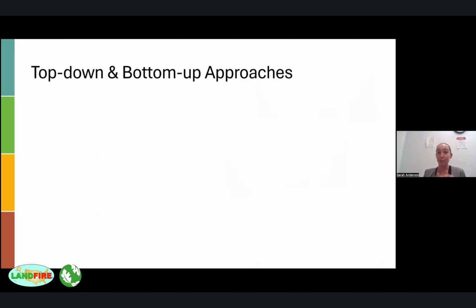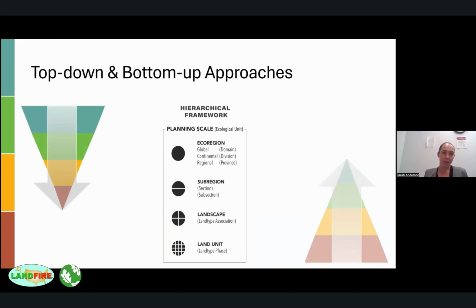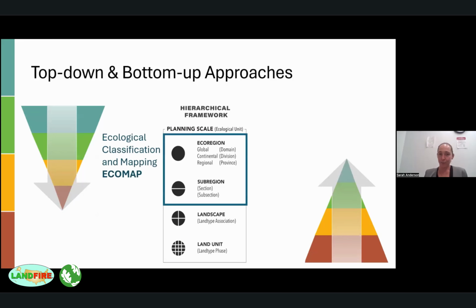And so to map out this entire hierarchy, it's pretty big. It requires a top-down and a bottom-up approach. And so at the broadest of scales, and this is what we're talking about today, it's top-down. We're taking CONUS-wide data sets, using those to frame out these large ecological units and dividing those gradients along clean breaks and where ecologically meaningful changes occur.